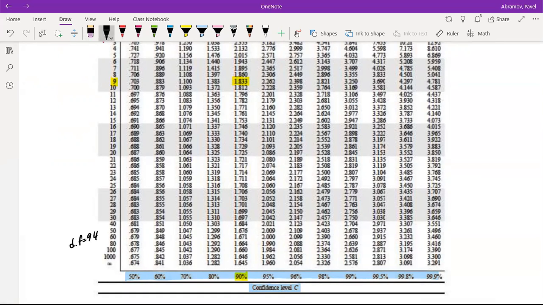So even though some of you might want to use 100 degrees of freedom, we are not going to use that. We always round down. So the degrees of freedom that we have to use is much more conservative, and it has to be 80 because it's the closest available number less than the degrees of freedom that we actually desire. So we're going to use 80 degrees of freedom, and then we find a confidence interval of 99, and therefore we end up with t equals 2.639.